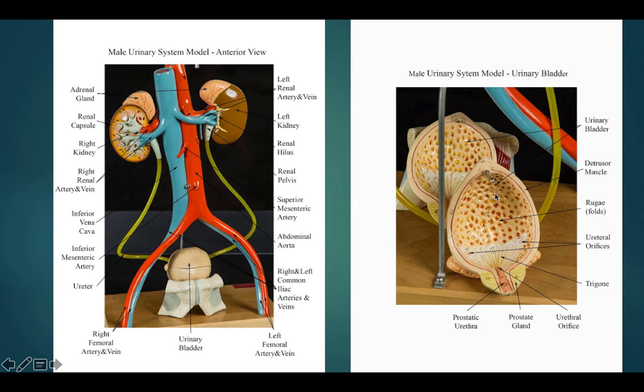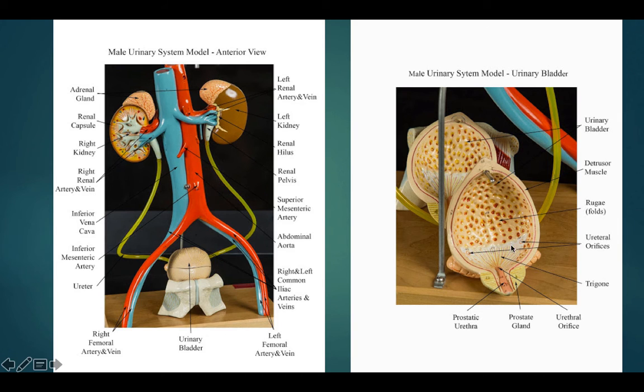Here we have rugae folds in the urinary bladder, and that also allows for more stretch. We also have what's called the detrusor muscle. They don't depict it all that well here, but here would be the detrusor muscle on the outside, and that detrusor muscle helps to contract and expel urine out of the bladder.